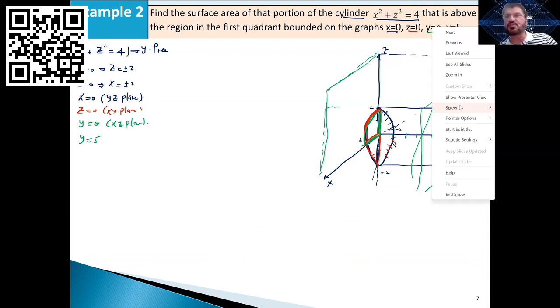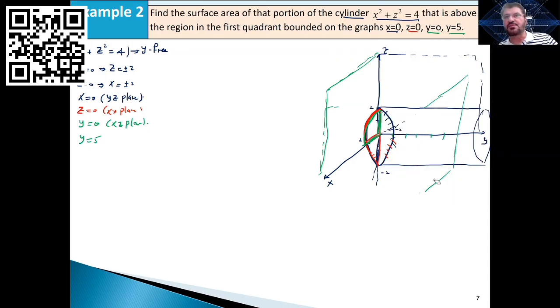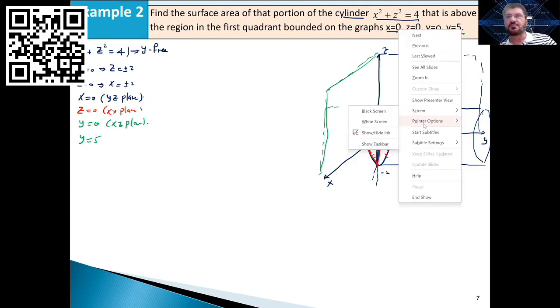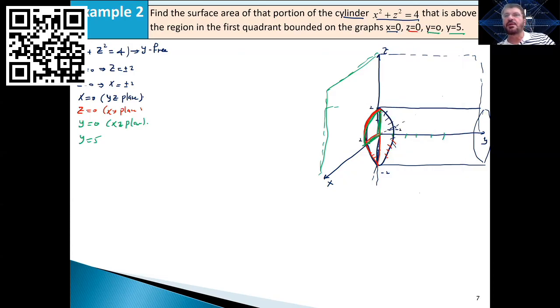So to be more precise, let's erase this one. Okay, let's make that nicely. All right, so here you can come like this, like that. And then this goes down here and down there.